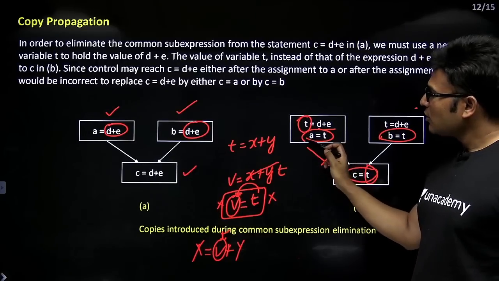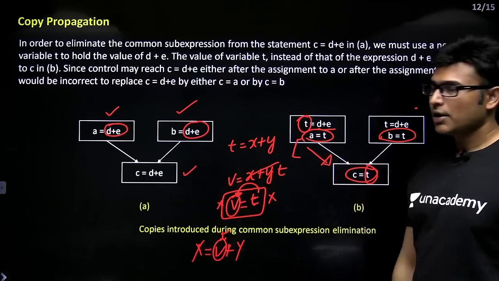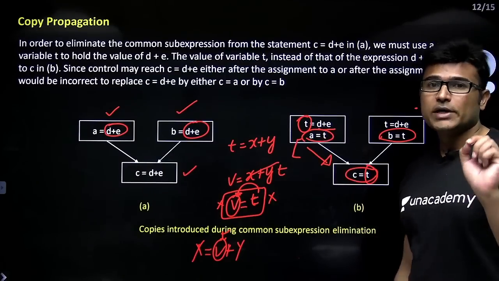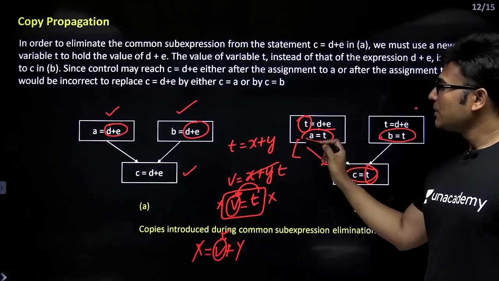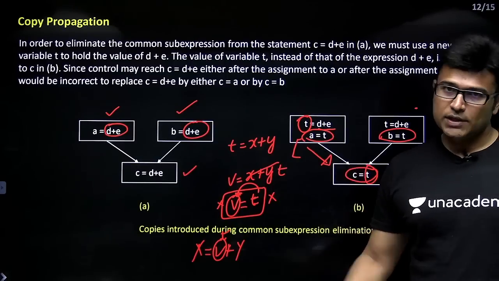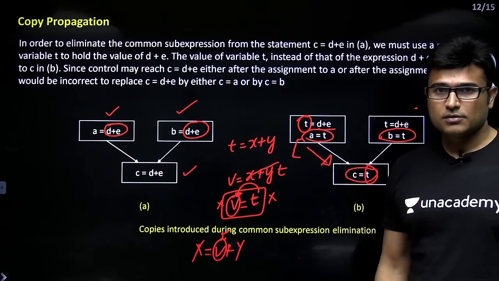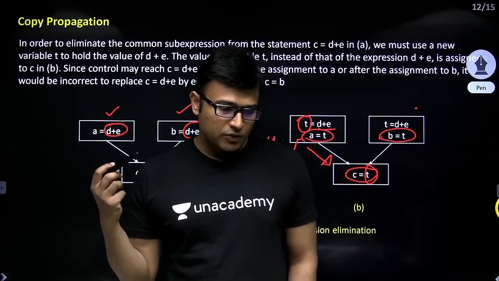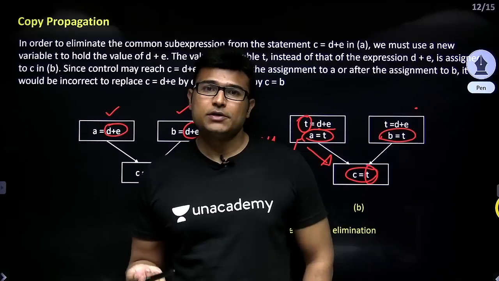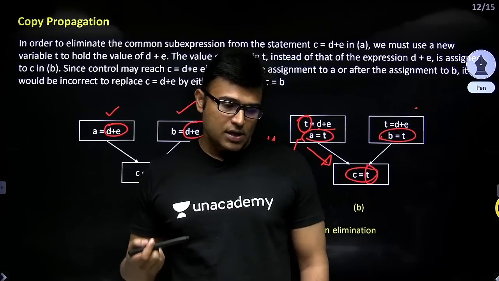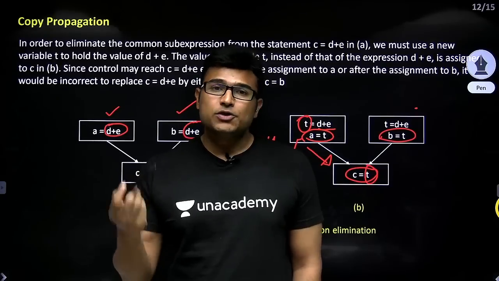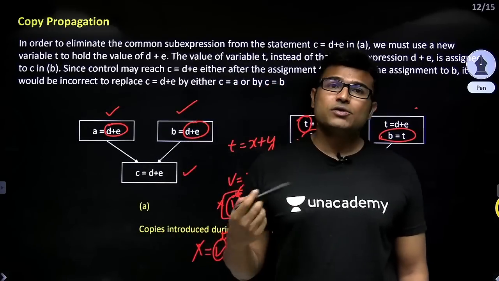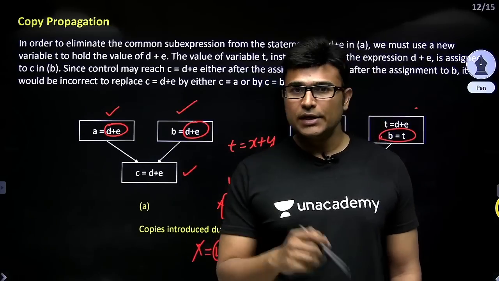But if there are more statements in this block, and if those statements are using a, there you have to be careful. You have to replace all those a's with t, and then you can definitely eliminate. Are you getting this? So what I am trying to say is, when you try to eliminate the common subexpression, you will actually introduce copies, and whenever you introduce copies, you can actually delete them.